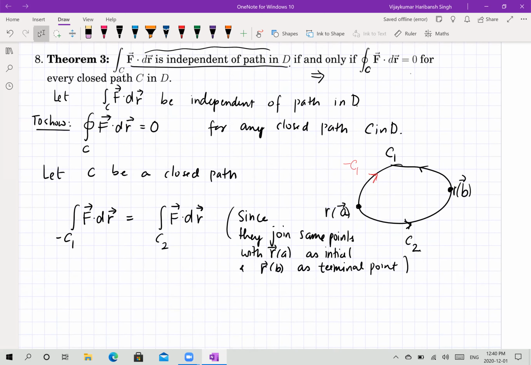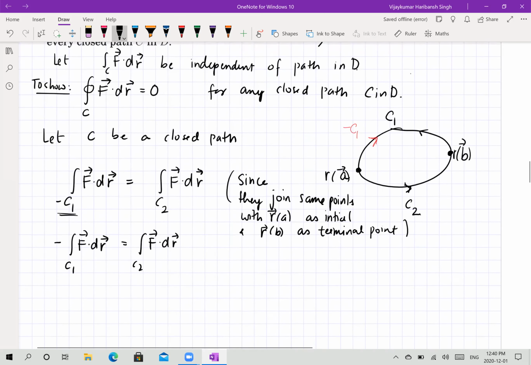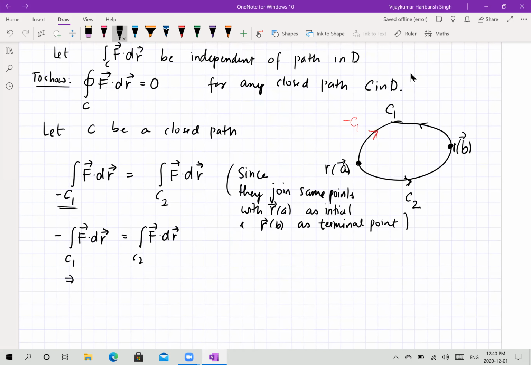So when you bring it all to one side, this is the same as saying minus the integral over C1 of F dot dr equals the integral over C2 of F dot dr. Now, if we add them together, we get the integral over C1 of F dot dr plus the integral over C2 of F dot dr equals 0.